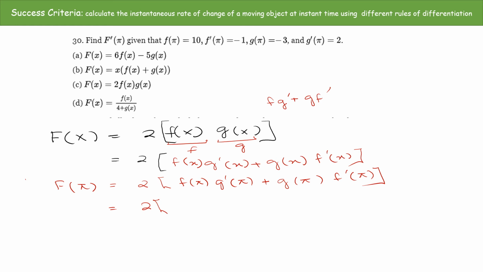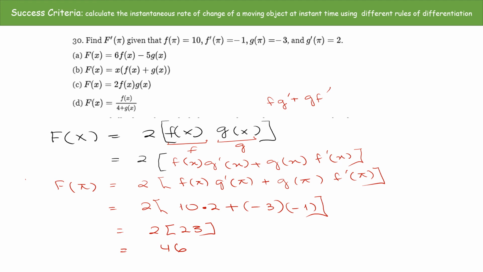So f of pi is 10, g prime of pi is 2, plus g of pi is -3 and f prime of pi is -1. So here we will write the 2. 10 times 2 is 20. 20 plus 3 is 23. And 23 times 2 is 46.